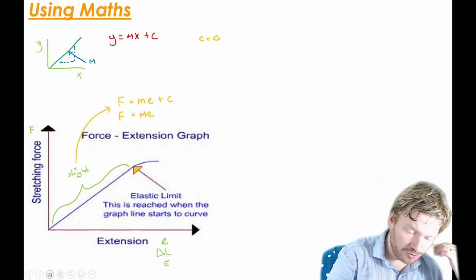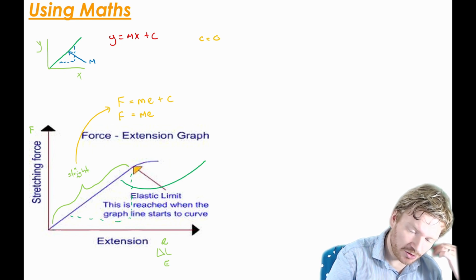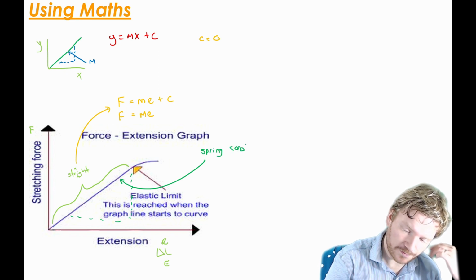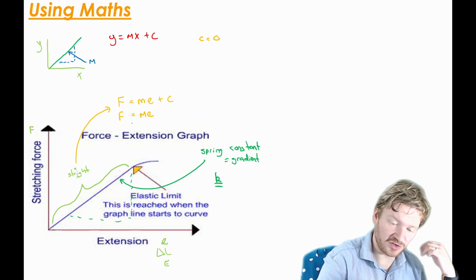Now, this gradient here is a constant, and it's a property of the spring, and I'm going to call this gradient the spring constant, which is the gradient. And I'm going to give it the letter k. Don't ask me why, physicists are weird.